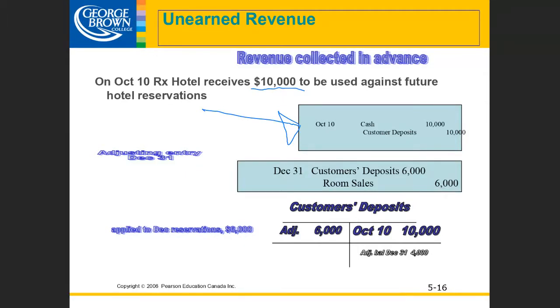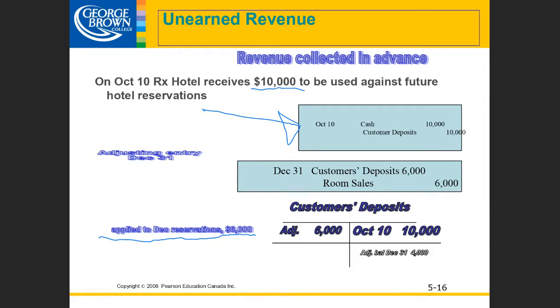Okay. Let's say fast forward to December 31st, and we've seen that $6,000 has been used by that customer's staff. So of the 10,000, they've used $6,000 worth of their prepayment.